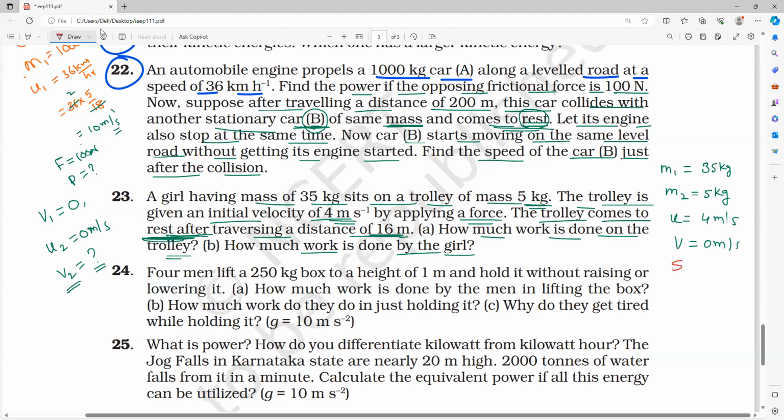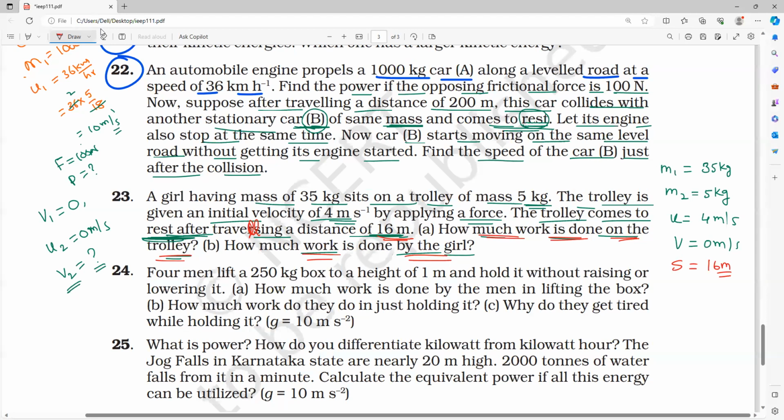What is the distance traveled by the body? 16 meters. Now they are asking how much work is done on the trolley, how much work is done by the girl.